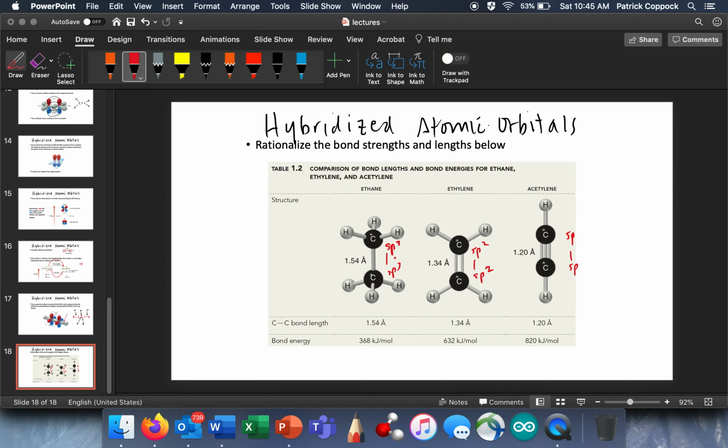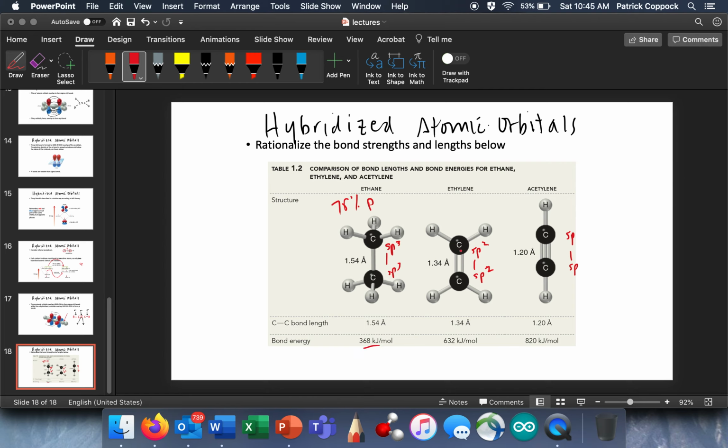Since this has the most p character, this is 75% p. It's going to be the longest and the weakest. See that?